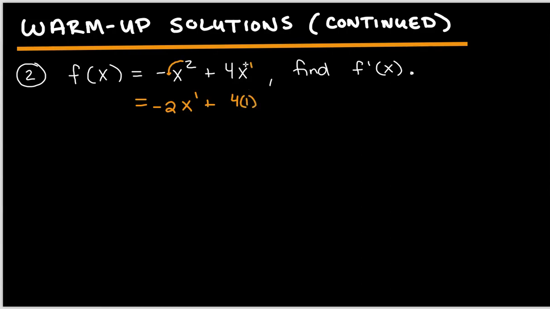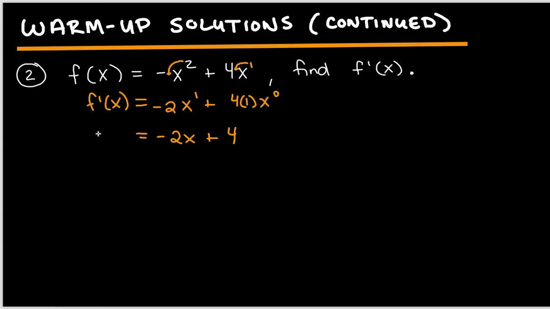We bring the 1 down here, and that goes to x to the 0. So we got negative 2x plus 4 times 1 is 4. X to the 0th is 1, but we'll just write it as 4 because 4 times 1 is 4. So there we go. That's f prime of x.